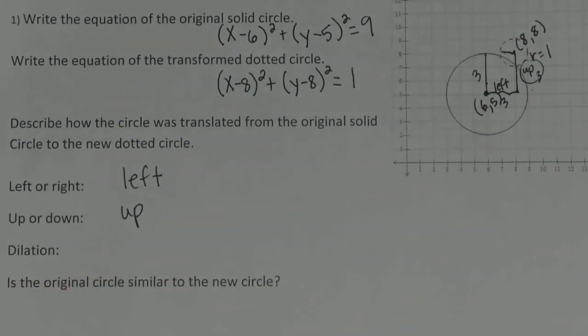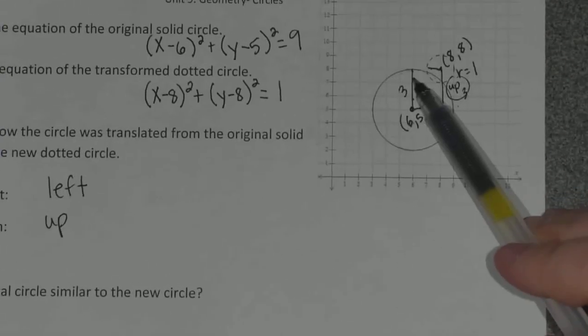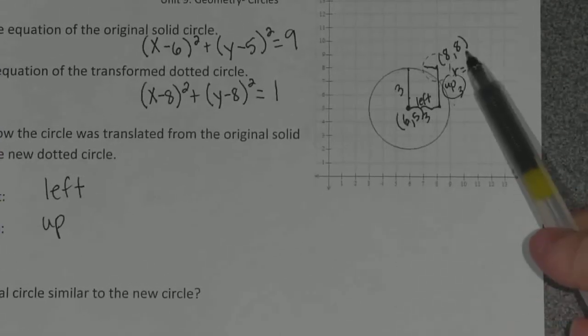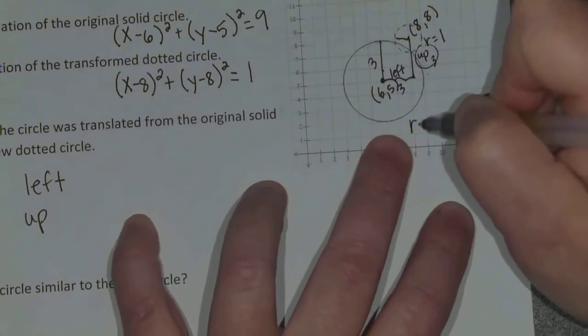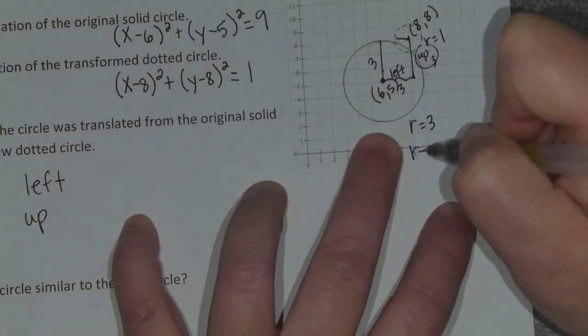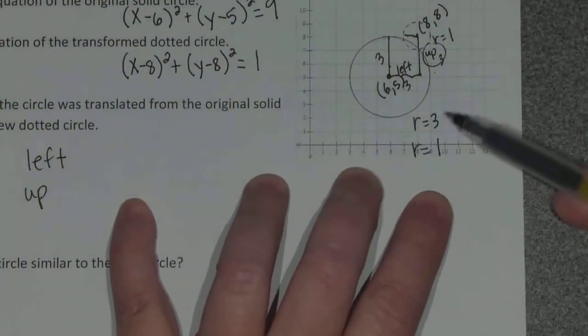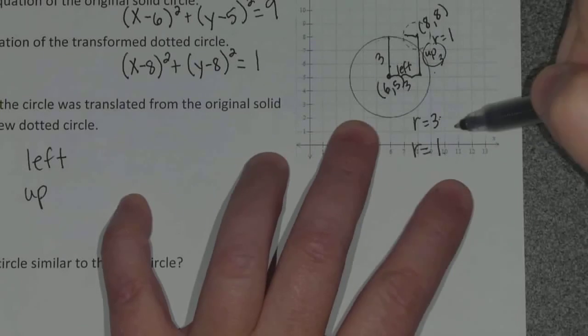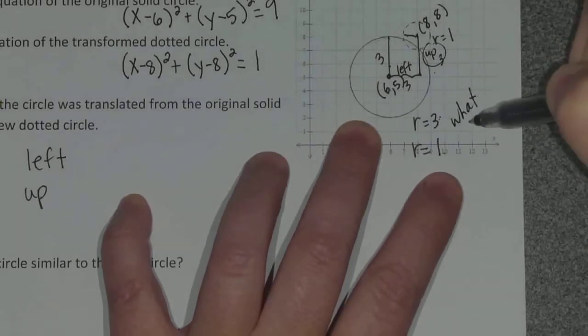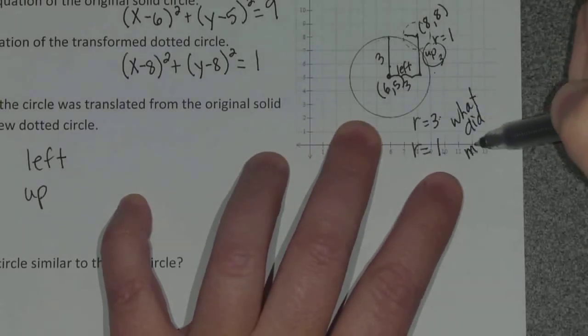And then the dilation says, how do I get from my big circle to my little circle? When we're talking dilations and we start with a radius of 3 and we go to a radius of 1, what did I multiply by to get from 3 to 1? 1/3. Yeah, exactly that.